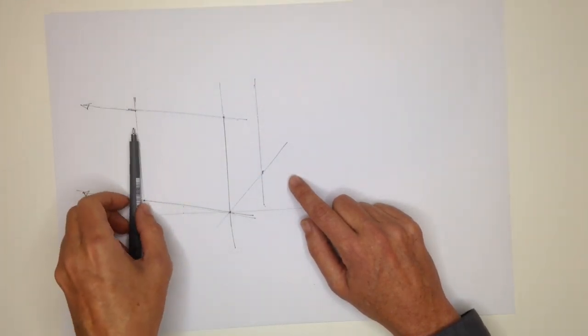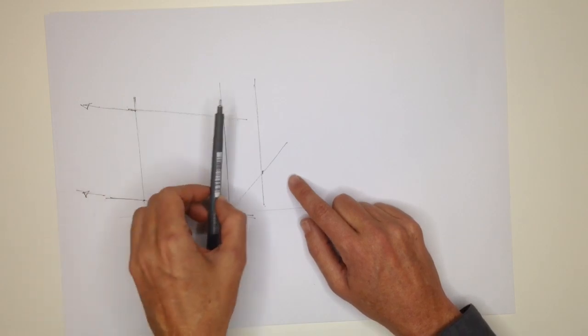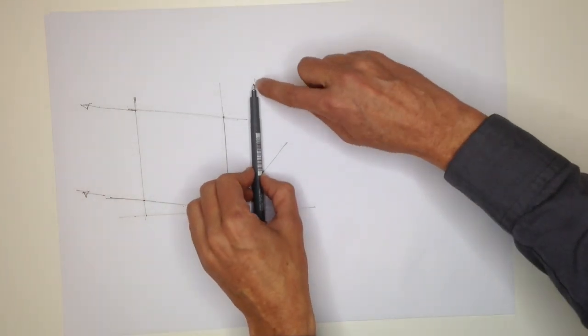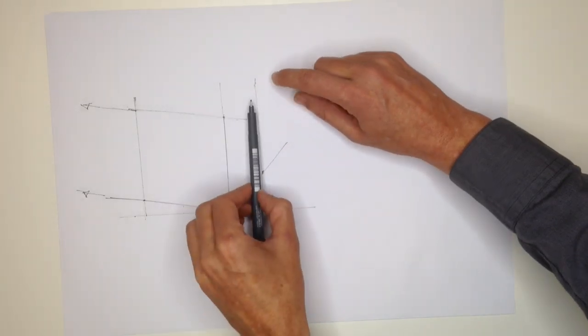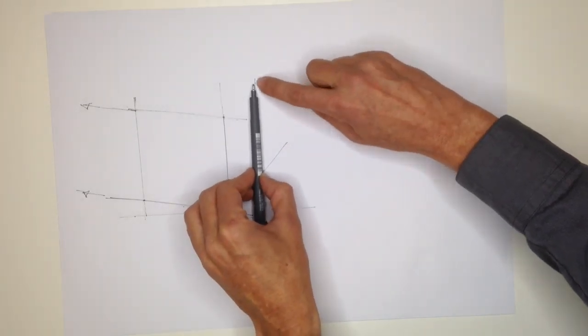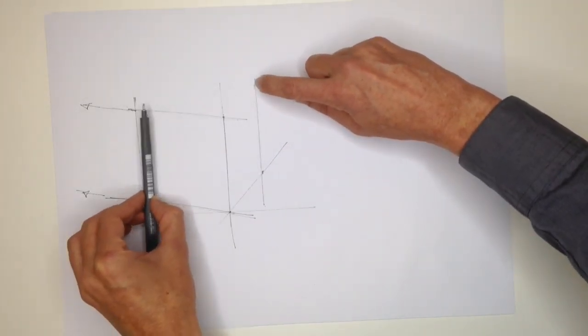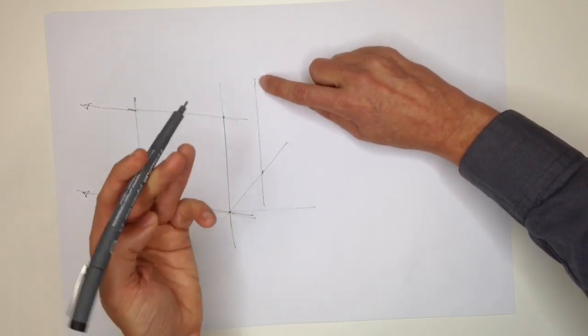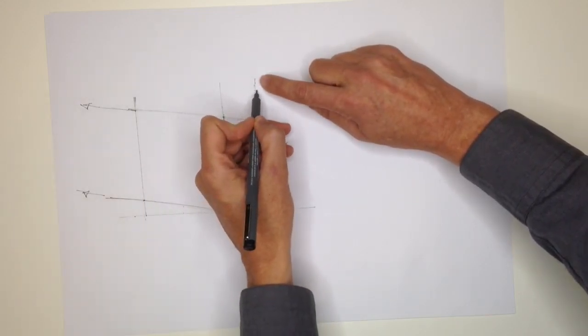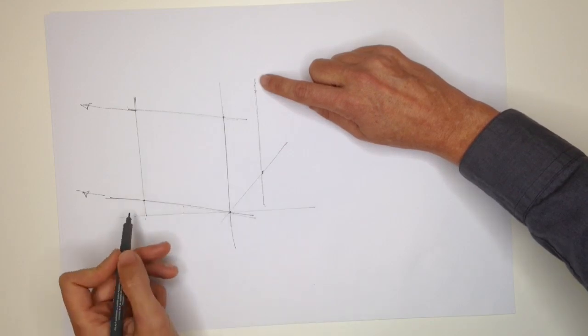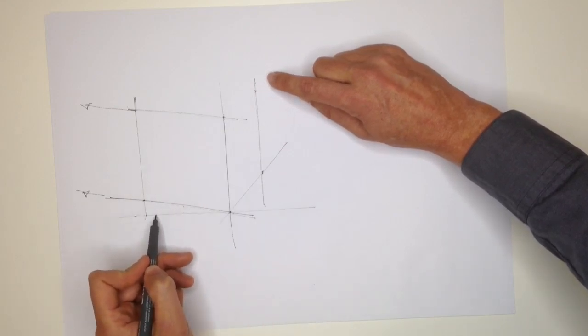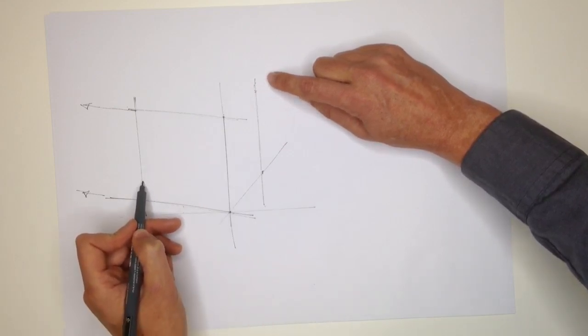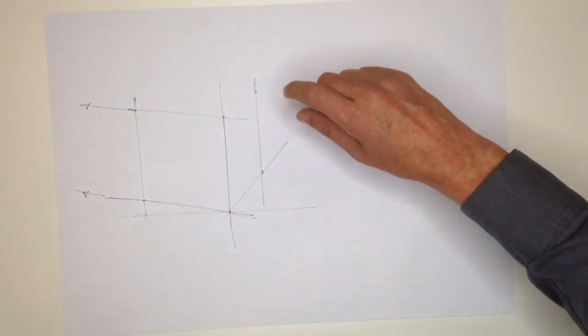So let's just look at the length. Here's the length. Here's the length. If it's the same length, it comes to there. Now a little bit shorter. Let's cut a bit off here. It should be a little bit more than this, because the distance here is less than the distance here. Not much, but just a touch.